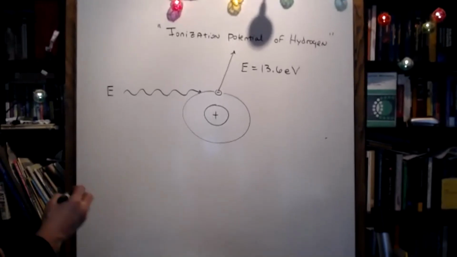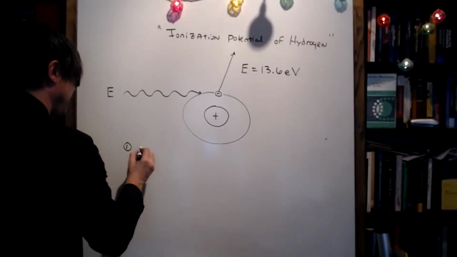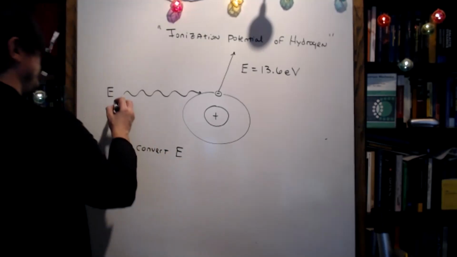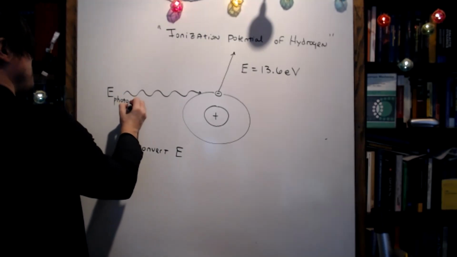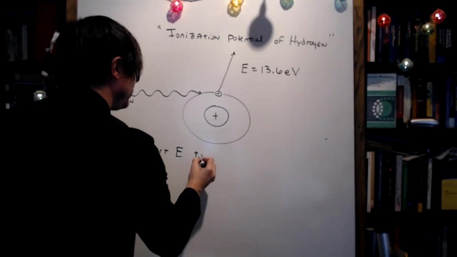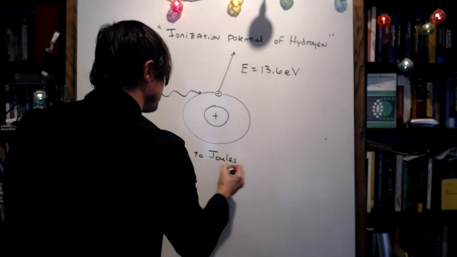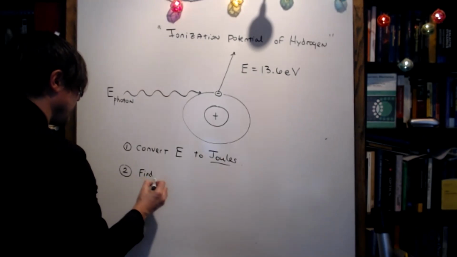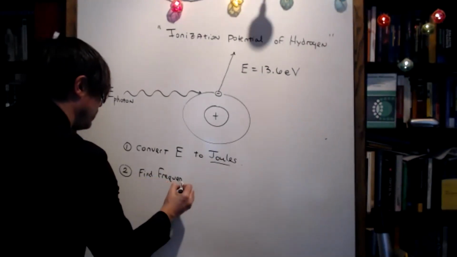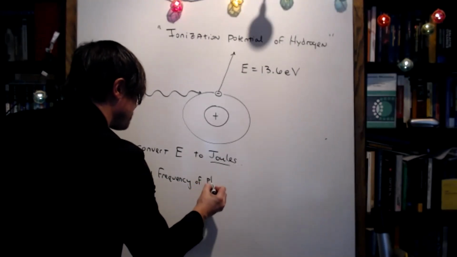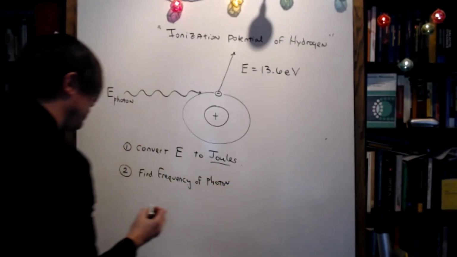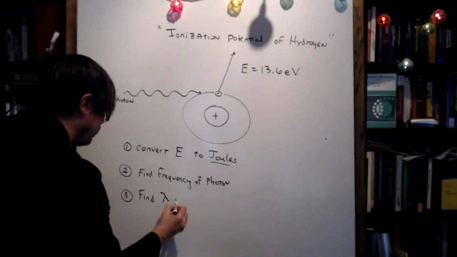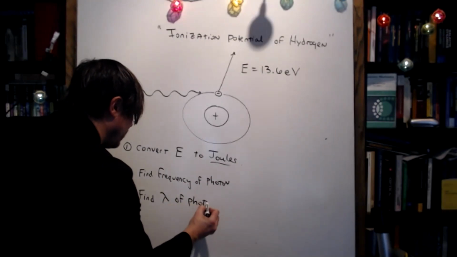Here is your job. Problem 1. Convert the energy. So here's the energy of the photon, okay? Convert the energy to units of joules. Question 2. Find the frequency of the photon. 3. Find the wavelength of the photon.